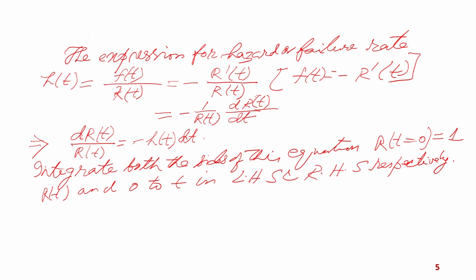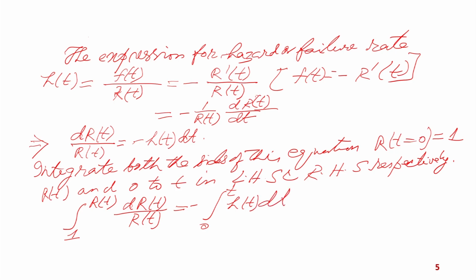So, if I do that, I can write the integration from 1 to R(t) of d of R(t) by R(t) is equal to minus the integral from 0 to t of h(t) dt. Here the lower limit is 1 because, as I already said, R of 0 is equal to 1.